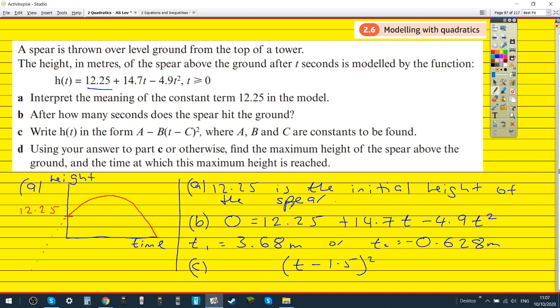And what's the maximum y? Let me check. 23.275. That's 23.275 minus, and we have to factorize. What would you have to factorize out from the bracket?